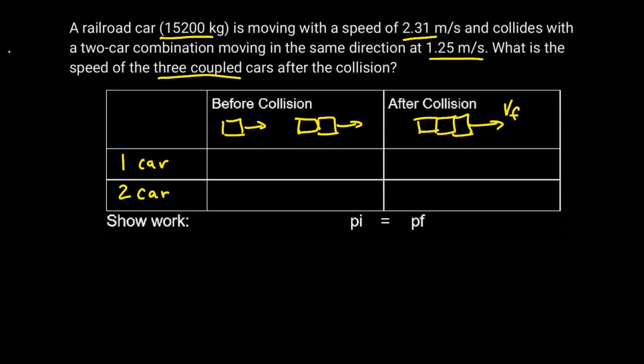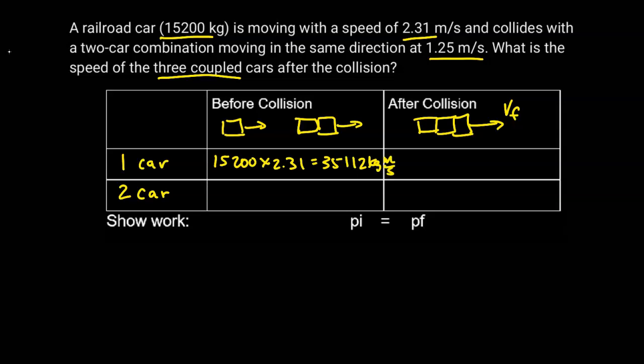I'm going to do mass times velocity: 15,200 times 2.31, and I get 35,112 kilogram meters per second.